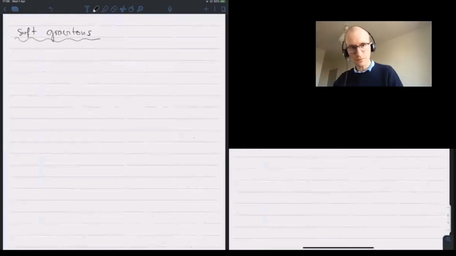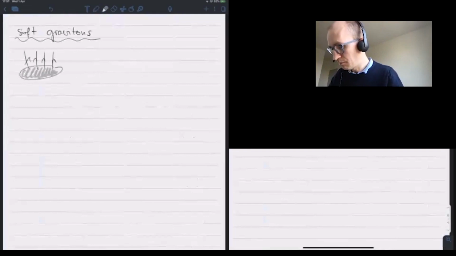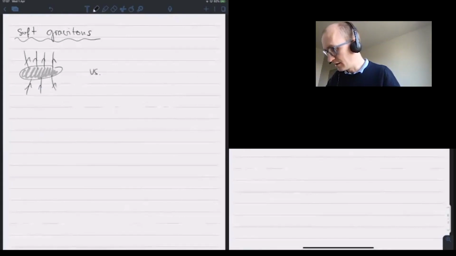Okay, so now we're going to look at our process where we have some scattering of in states into out states, but what we do is we add, surprise, surprise, a soft graviton in the out state.